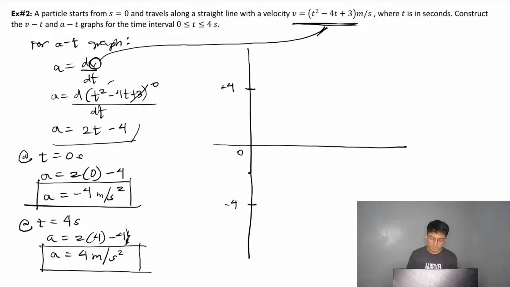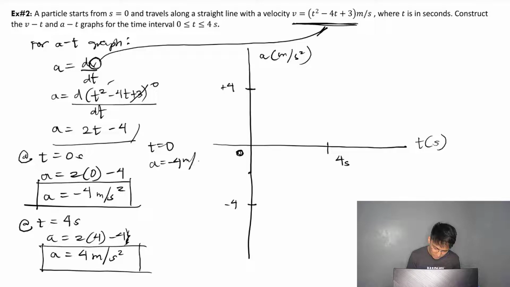Next na i-plot natin is yung time. We have 0. Ito rin siya. And yung 4 seconds. Ayan yung ating 4 seconds. So, ito yung ating horizontal axis na time, and ito naman yung ating acceleration in meters per second square. So, ipa-plot na natin. So, when t is 0, ang ating acceleration ay negative 4 meters per second.